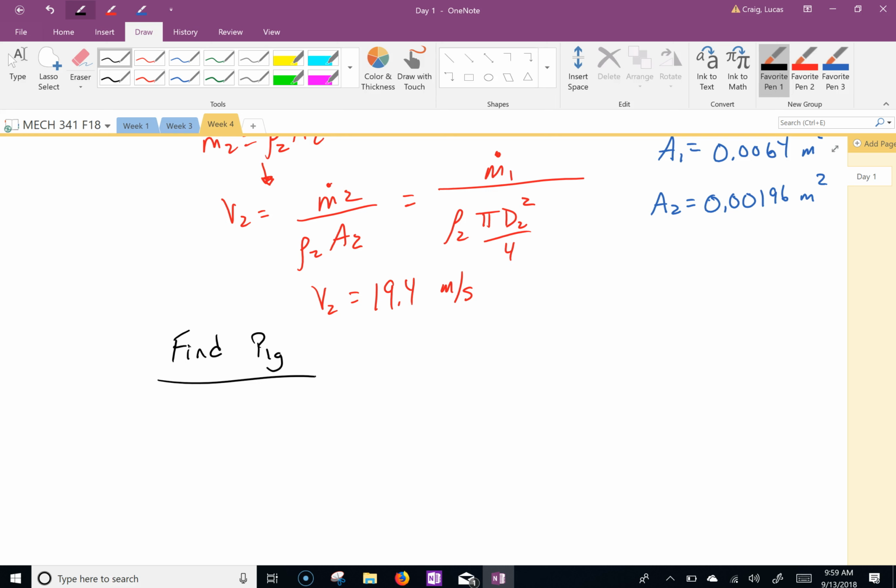Close. You don't have to have atmospheric pressure. You guys are thinking right. So we're dealing with fluid, right? Rho RT. No, no. That's only for a gas. Oh. Only for a gas. Okay.